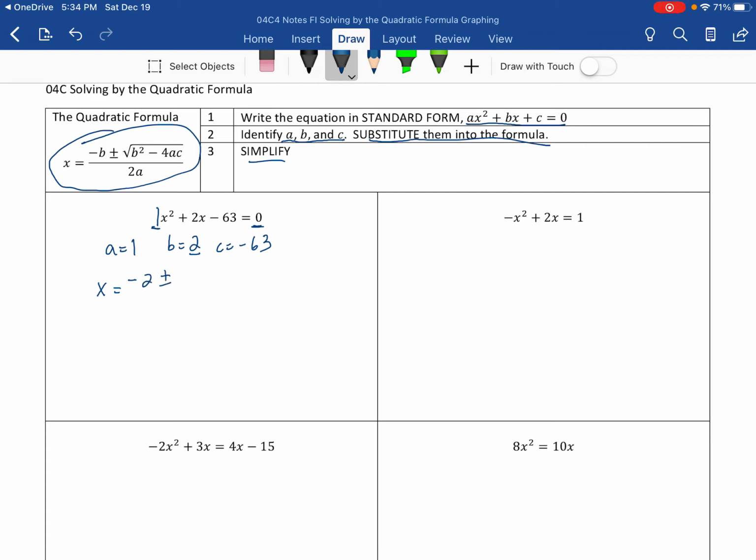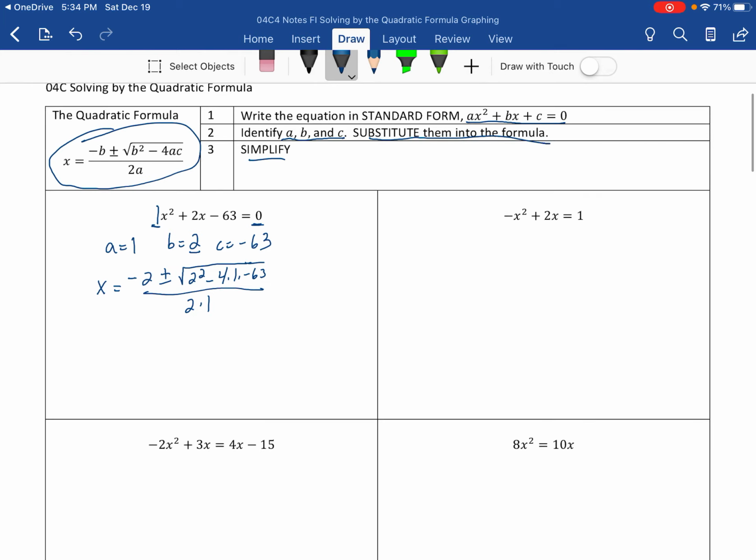Okay, and so we'll do the same thing as factoring and square roots, just a little bit different. So it's going to be negative 2 plus or minus, because there's two solutions, the square root of 2 squared minus 4 times 1 times negative 63, all over 2 times 1. So you just plug it in and we simplify. Simplify what's underneath the square root first.